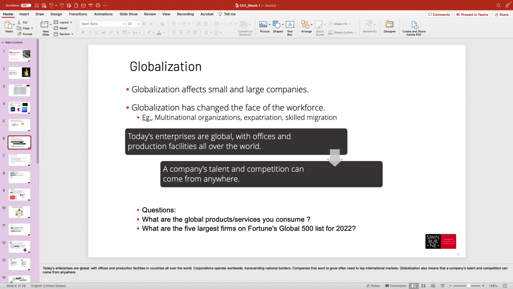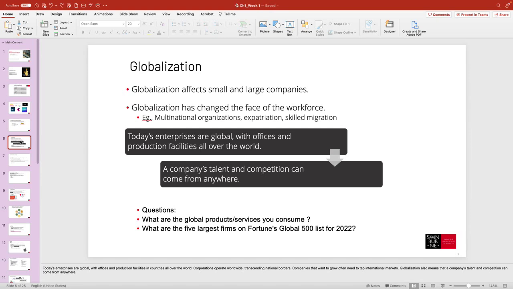Their designers are in a different part of the world. Their factories are in different parts of the world as well. So it's definitely a big globalized company. If you take Google, IBM, and many other big companies as examples, they're globalized. Their workforce, their materials, their suppliers, their knowledge are coming from different parts of the world.